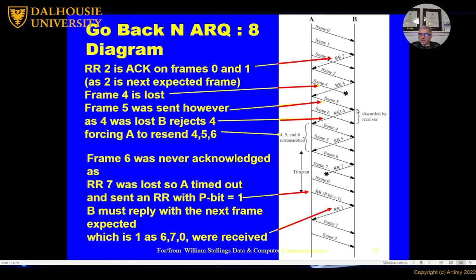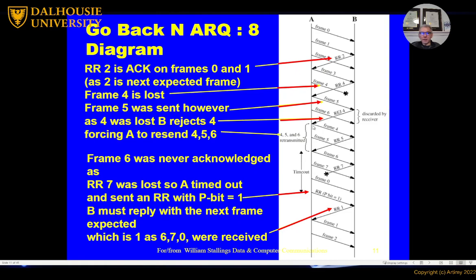From B's perspective, it says, wait a minute, I am receiving frame 5, but I haven't received frame 4. So it immediately sends something called reject 4, which is a negative acknowledgement. Because of the timing, reject 4 is received after frame 6 was sent. So from A's perspective, frames 4, 5, and 6 have been sent already.